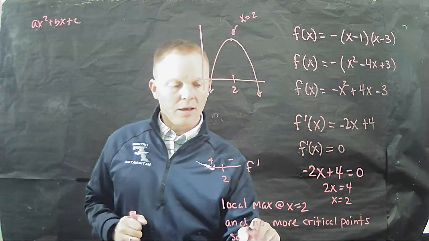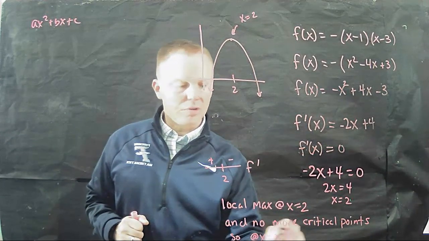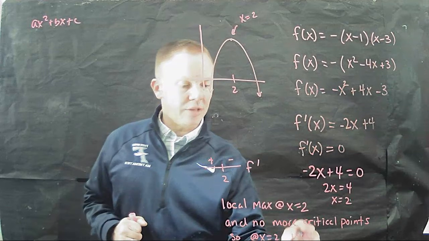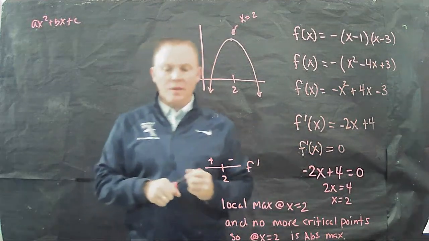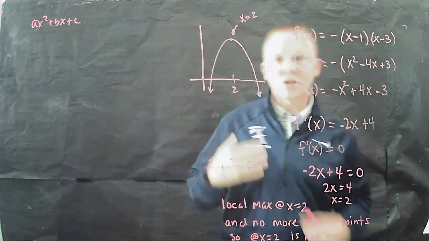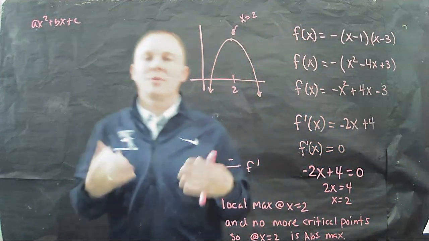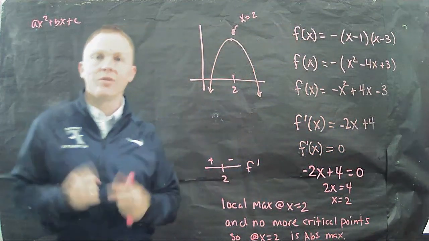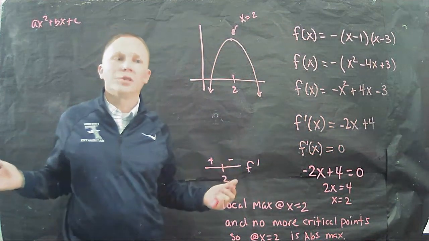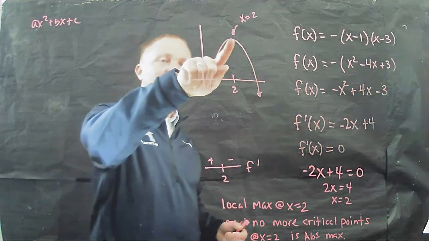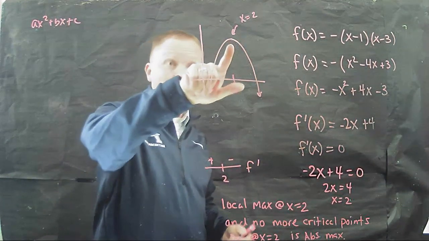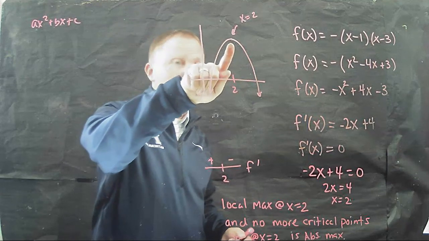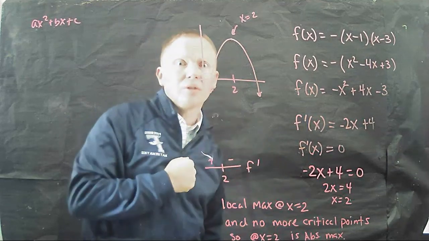So x equals 2 is an absolute max. Okay? So sometimes you have to use some reasoning with your knowledge about the derivative and the increasing and decreasing of the function to conclude that, hey, that's the local max, but that's the absolute max too, because after that, the function is just decreasing forever.